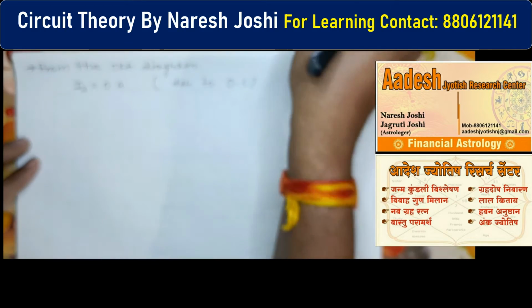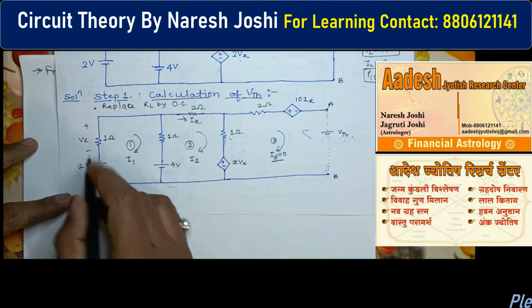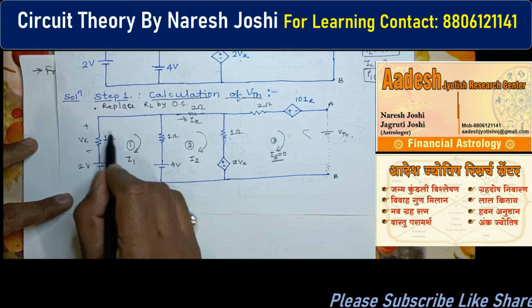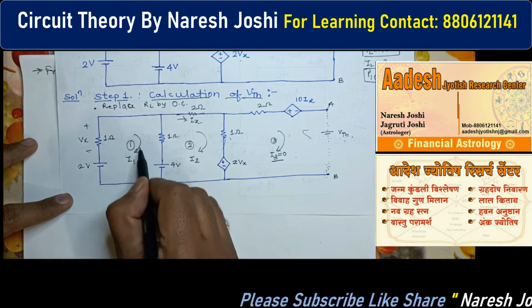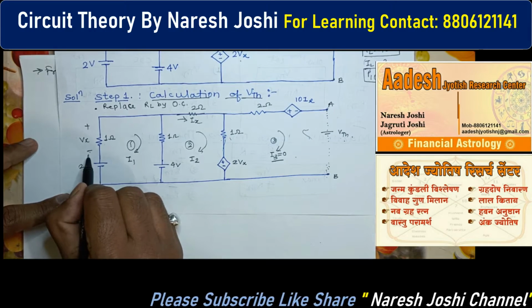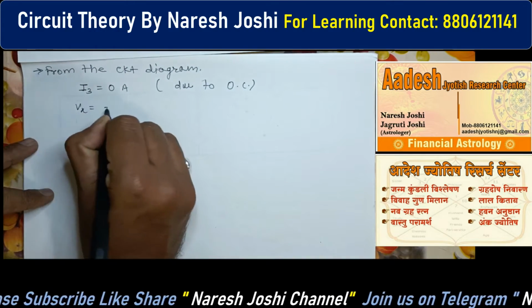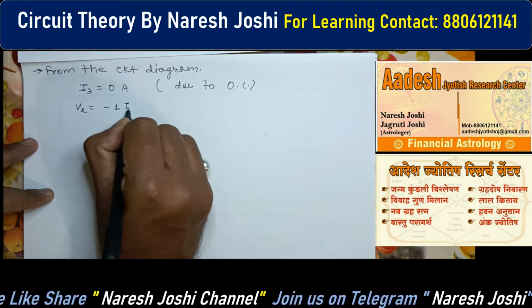Then next we can directly calculate Vx. This is the Vx and the current is passing through this 1 ohm. Here you can see the current is coming through, and here is what sign? Negative sign. So I will write here Vx equals minus 1 I1.